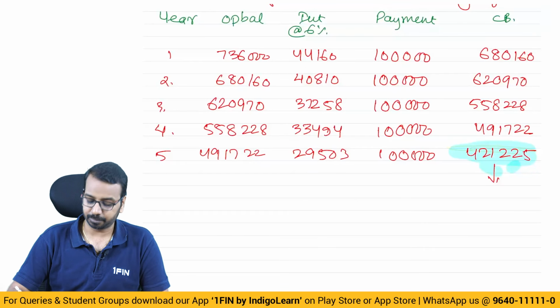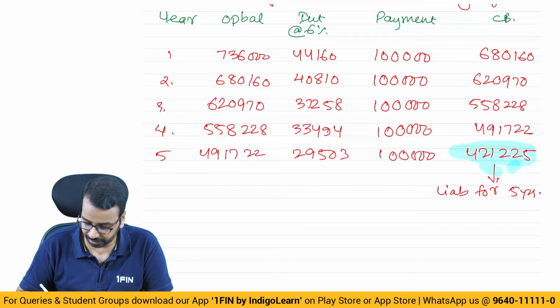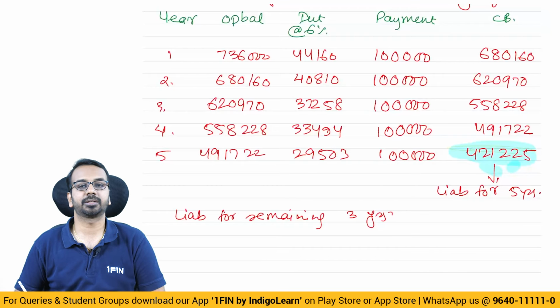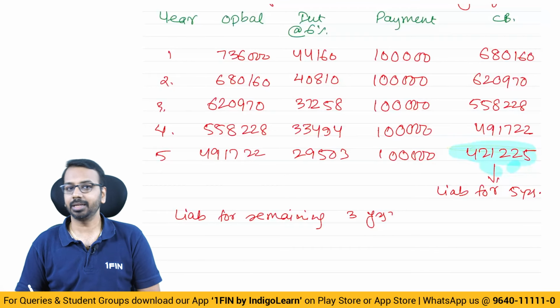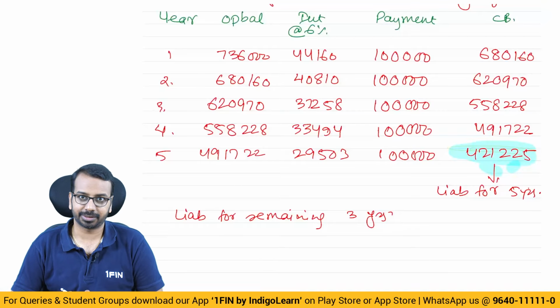This represents liability for remaining 5 years. What we need is the liability for remaining 3 years.